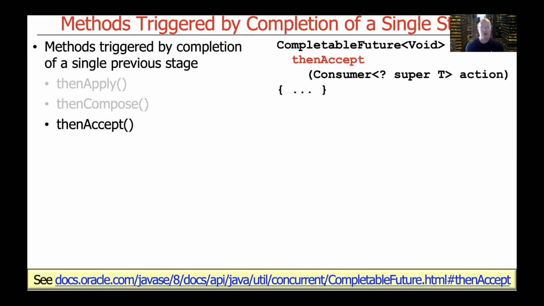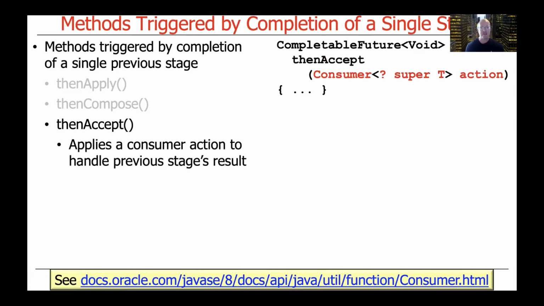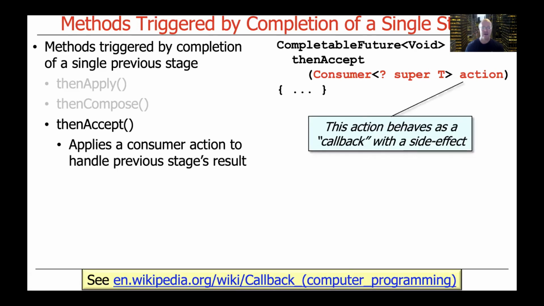The third method we're going to talk about that's triggered by completion of a single stage is the thenAccept method. And it takes a consumer action that handles the results of the previous stage. So it consumes it. It basically sort of takes the end of the pipeline, if you will. This action behaves as a callback that needs some kind of side effect to have an output.